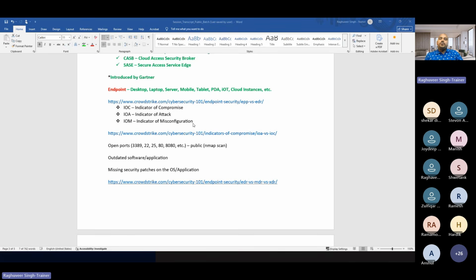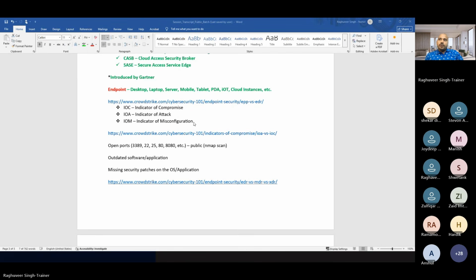And that attempt could be through an external factor, where a hacker is trying to access your endpoint, or an insider, an employee who is not happy with the management, is trying to steal data, is trying to plug a flash drive into an endpoint, and the flash drive contains some malware on it, or an employee who's trying to delete some data, or trying to access a database or a server.